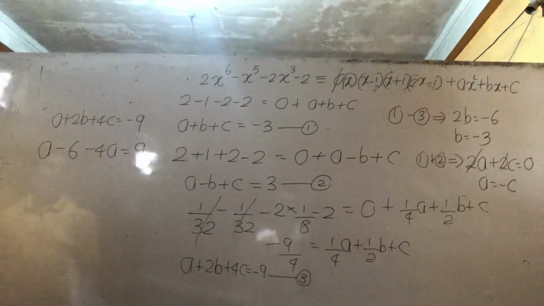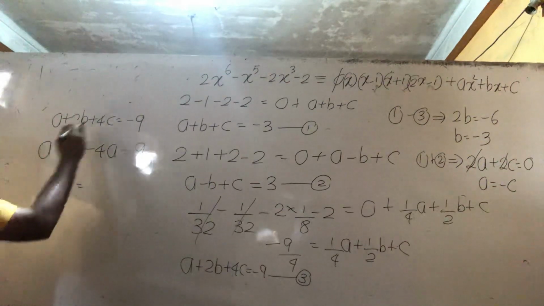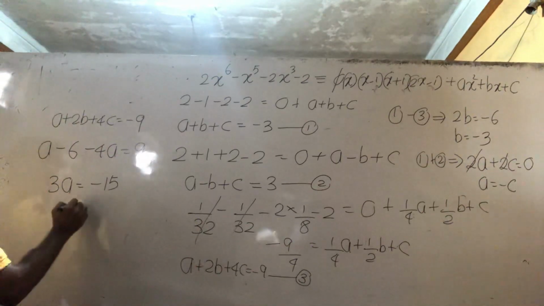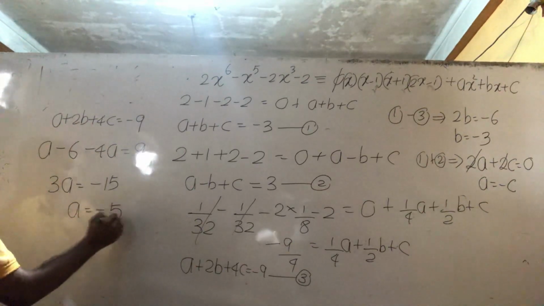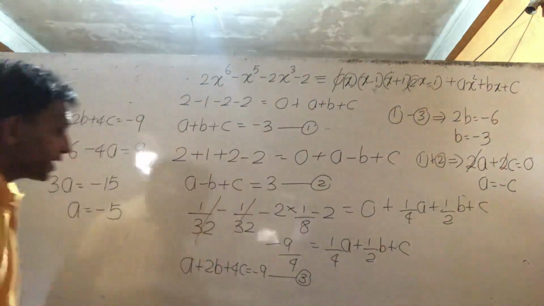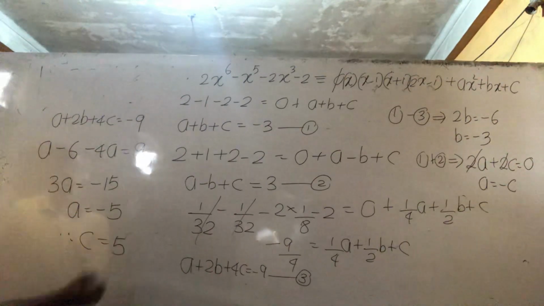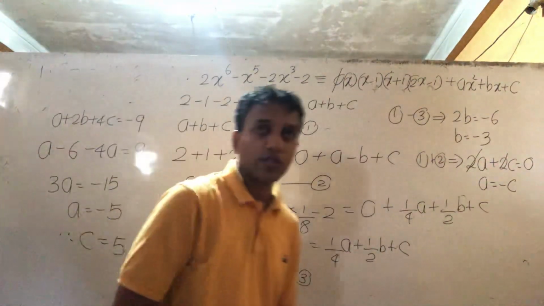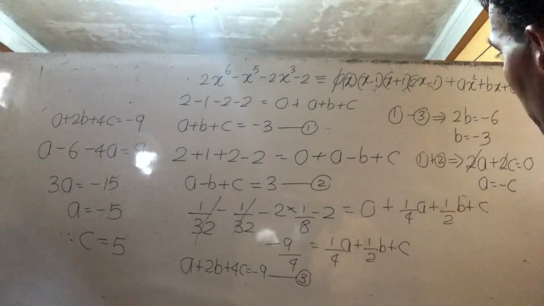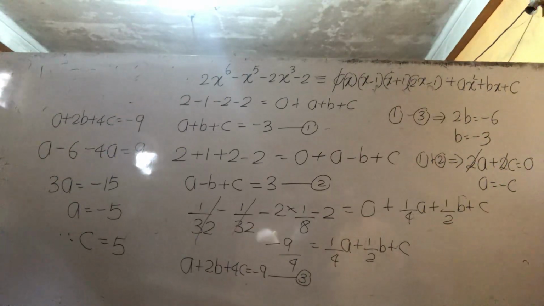So 3A equal minus 15. So A equal minus 5. There what is C? C equal plus 5. Okay, check that. So you know all these values. A is minus 5, B is minus 3, C equal 5.